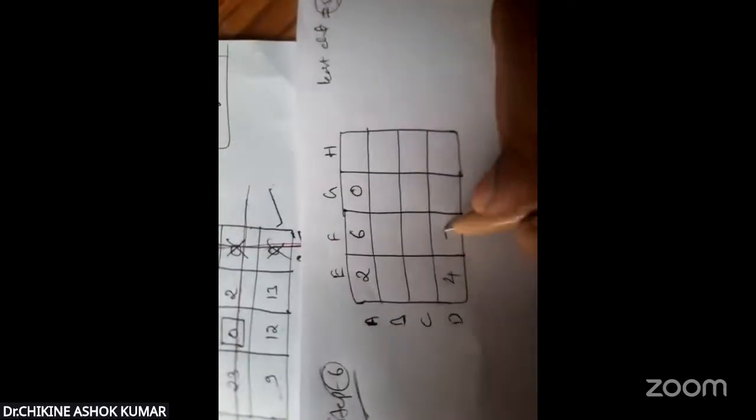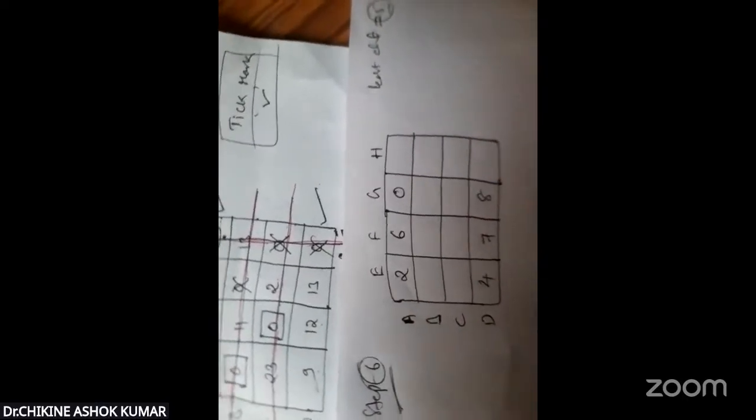In the fourth row, 9 minus 5 is 4, 12 minus 5 is 7, 13 minus 5 is 8. So this is case 1.